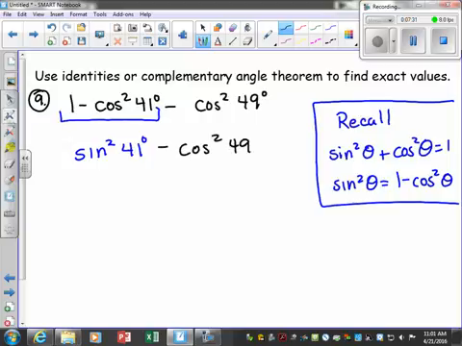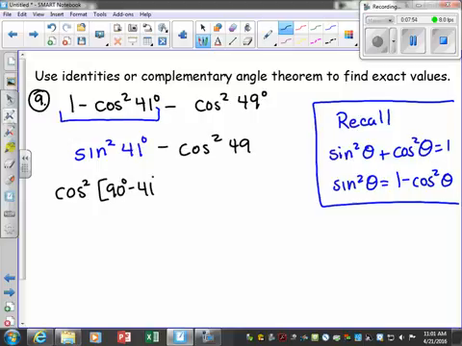To be able to simplify this without a calculator, these have to have similar degrees. So what can I do with this sine squared of 41? What's the cofunction of that? Cosine, right? So if I showed all my work, it would be cosine of 90 minus 41 degrees.